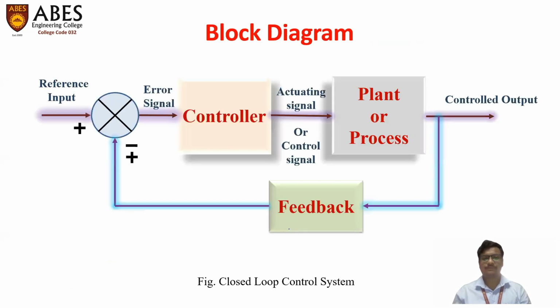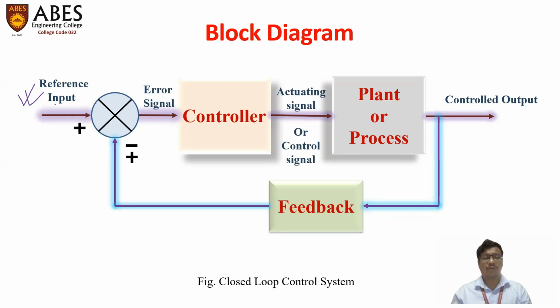Here you can see the basic block diagram of the closed loop control system. In the open loop control system, there is only one controller block and one plant or process block. But here you can see there is one feedback loop block and also a comparator block. This is the input, our desired input.